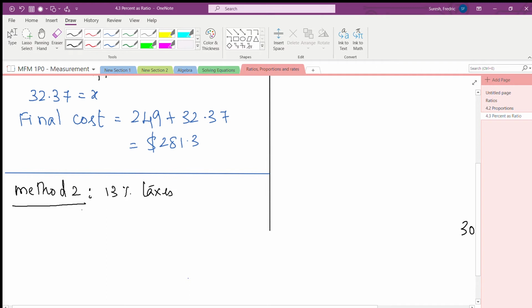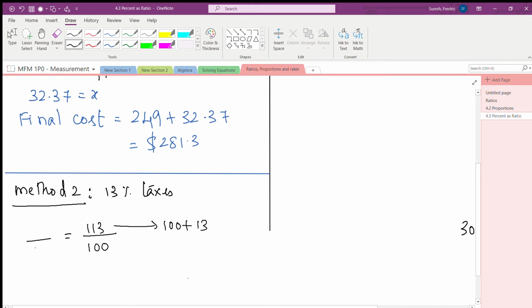So the way you can calculate this is like this. The original cost we have is out of 100, now we are paying 113. And why do we do the 113? Because it's 100 plus 13% tax.